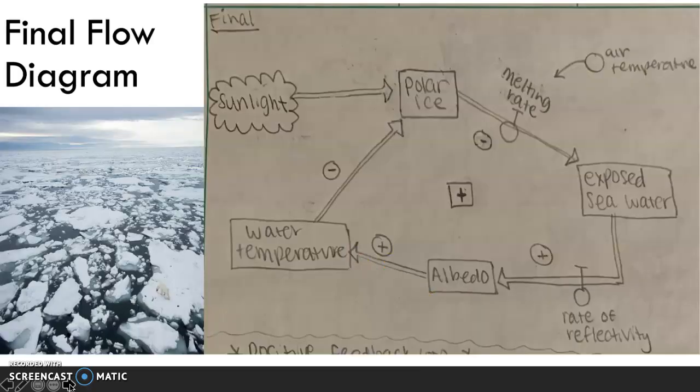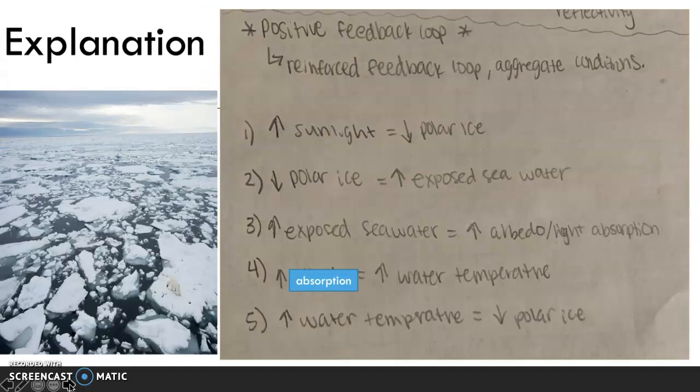And then I went ahead and created the final diagram without the solution yet. So as you can see, the sunlight, polar ice, exposed seawater, albedo, and water temperature are all involved, including the melting rate and rate of reflectivity, which creates the positive feedback loop. And then here I just did a little explanation about what my thinking was behind creating that flow diagram.